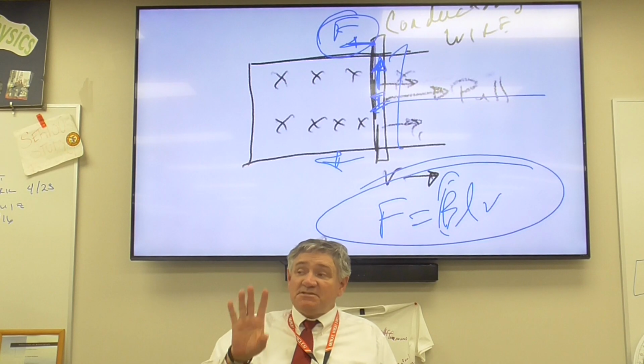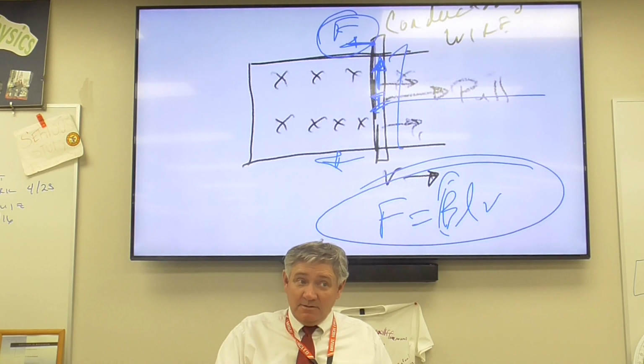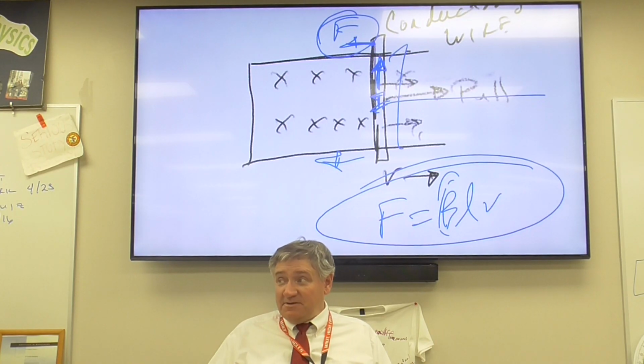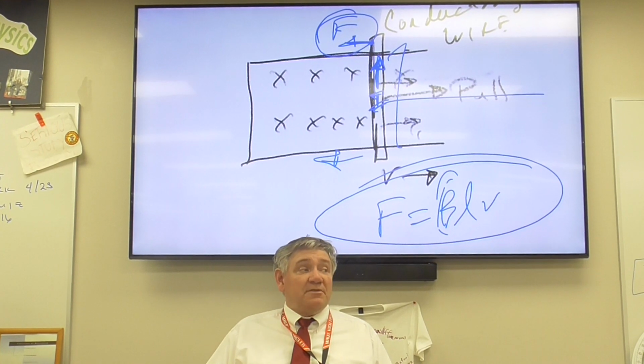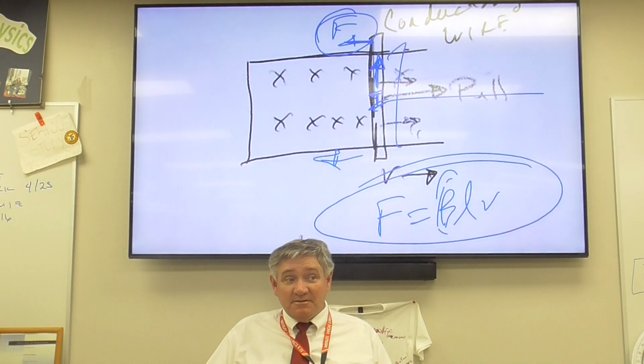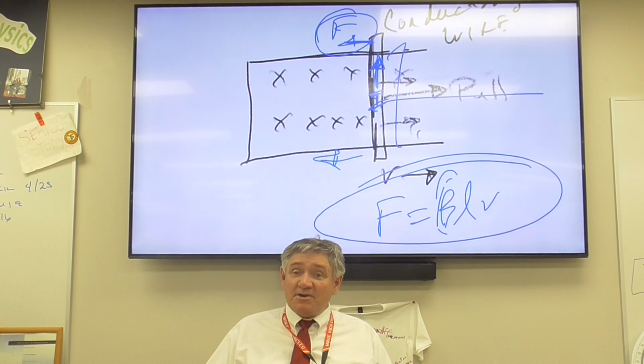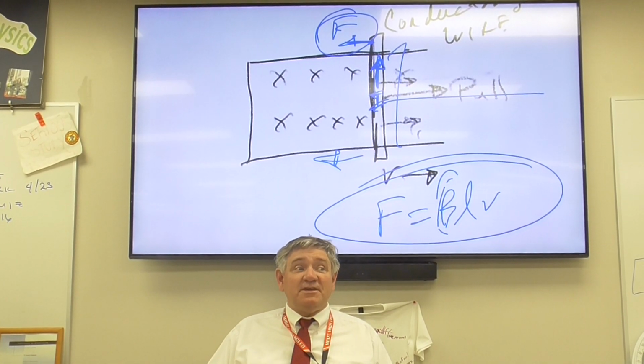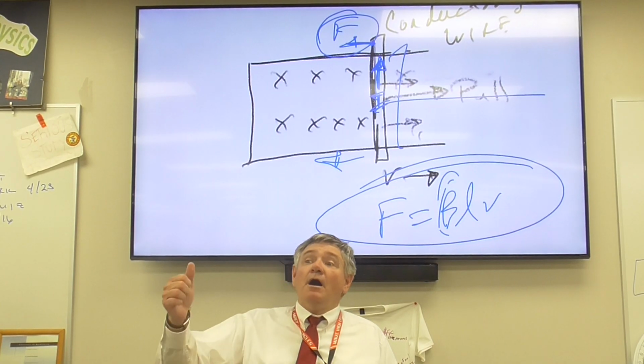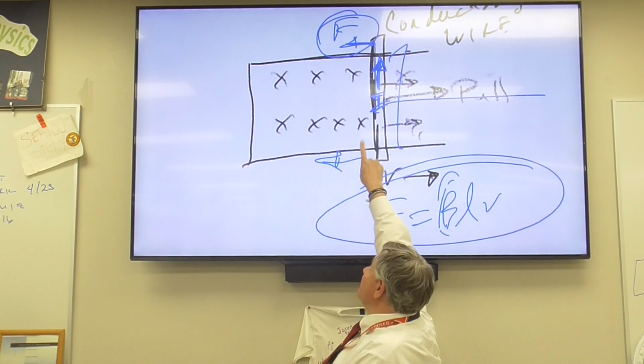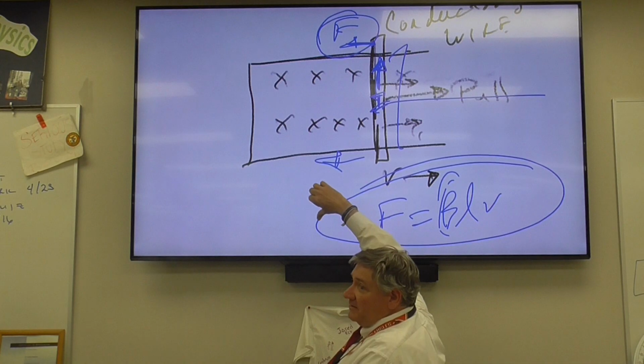X's. So you're seeing less X's. So what's Mother Nature going to do? She's going to make more X's. So what's going to be the direction of the current if Mother Nature is making more X's? It's got to be down. So now the current's going this way.